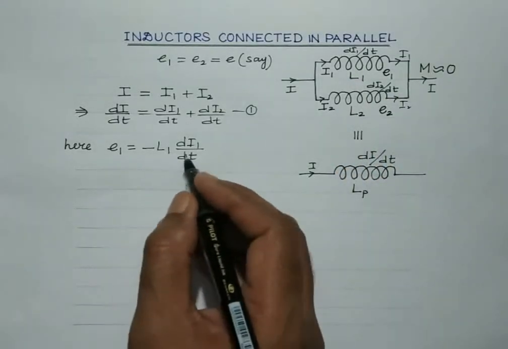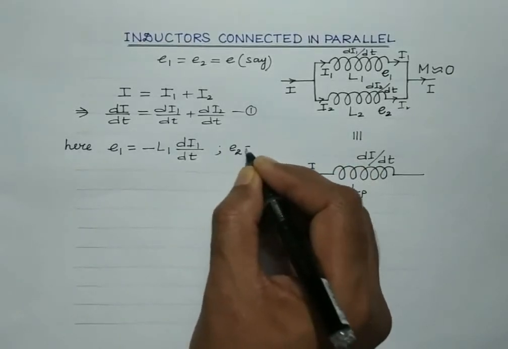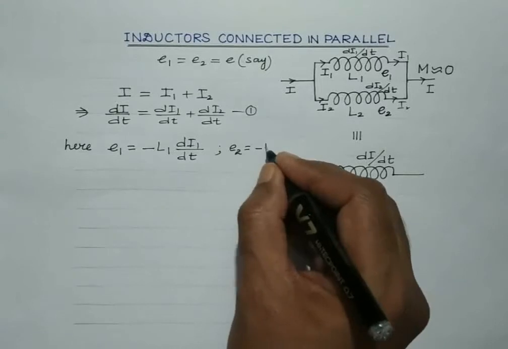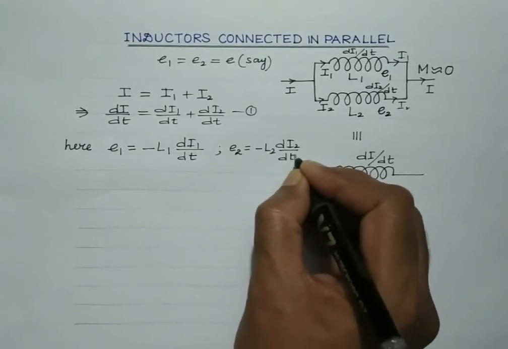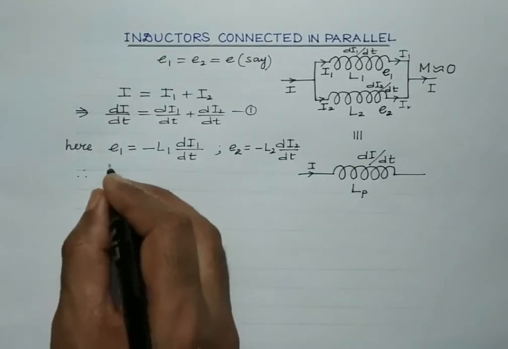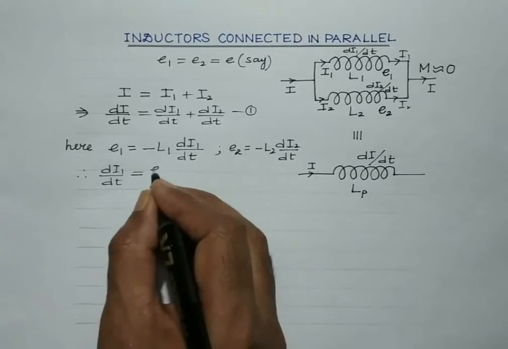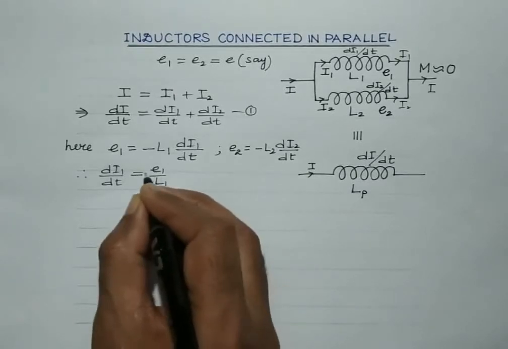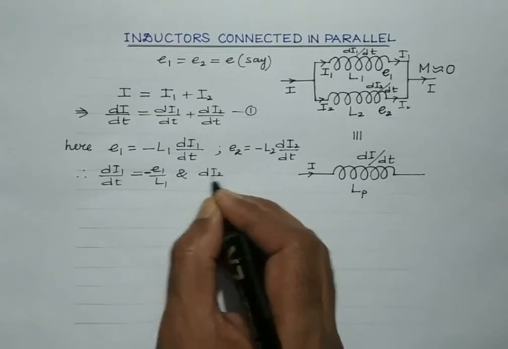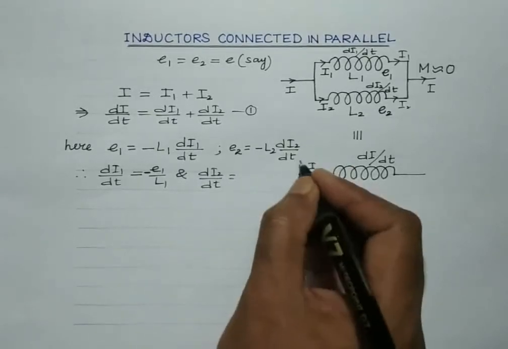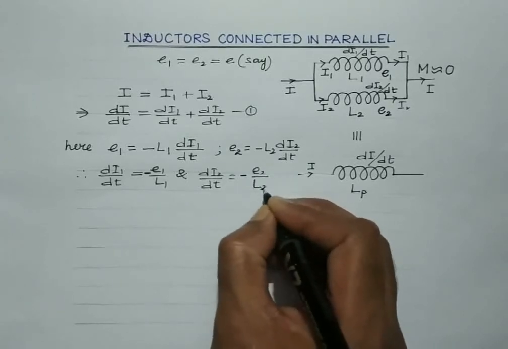So E1 is minus L1 dI1 by dt, and the EMF induced across the second coil would be minus L2 dI2 by dt. Therefore students, dI1 by dt may be written as minus E1 by L1. And similarly, dI2 by dt can be written as minus E2 by L2.